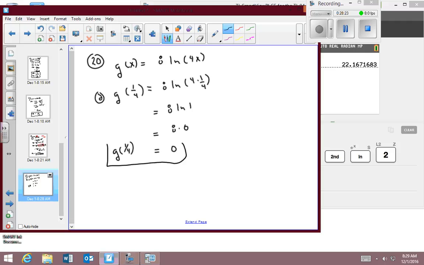So that's what that is. And the b part says g of e, round to the nearest whole number. I guess this one, they asked you to find the point on the graph. So the point on the graph is 1/4, comma, 0.